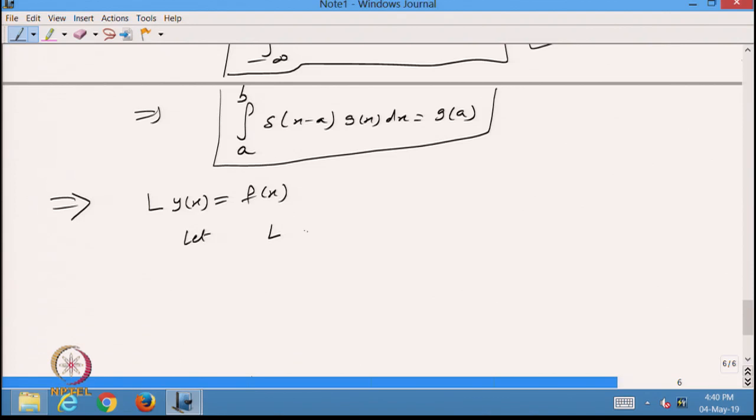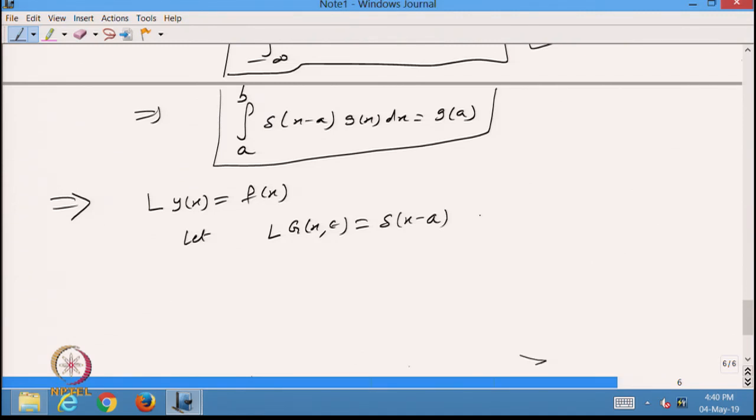Let L of g, where g is the Green function, be equal to the Dirac delta. So this is the function I am defining.